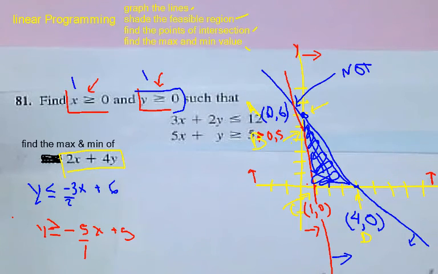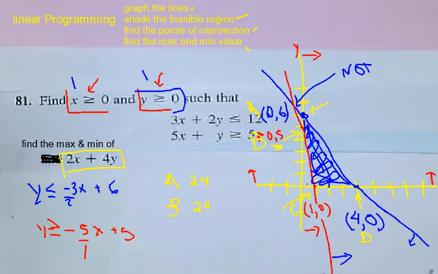Okay? So A is 0, 6. When I put 0 in for X, I get 0. When I put 6 in for Y, I get 24. Okay, so A is 24. What about point B? Point B is 0, 5. So 0 goes in there, 5 goes in there, that's 20.